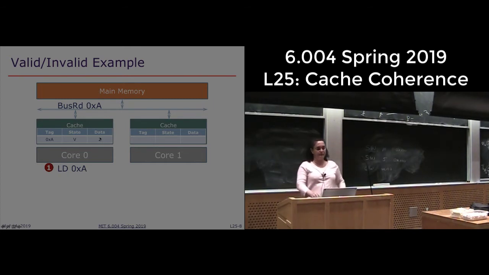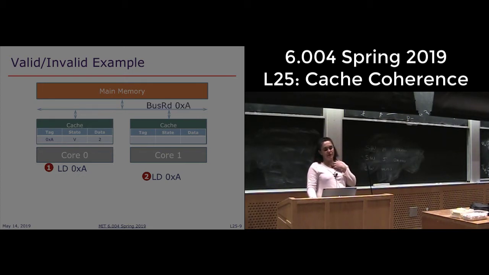which is 2. Okay, so now core 1 comes along, and it wants to also do a load of the same address. So what's going to happen? Is it going to send something on the bus as a result of wanting this load? Yes, and what's going to happen on the bus? It's going to send a bus read request, just like we saw for the first core.